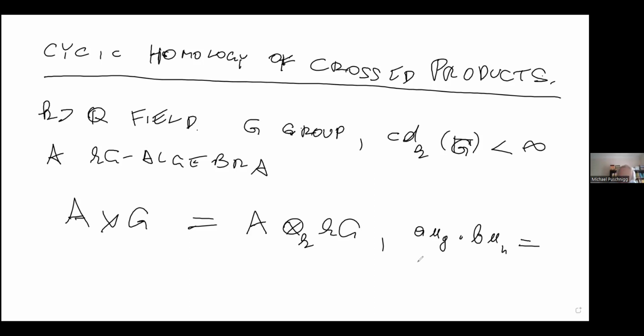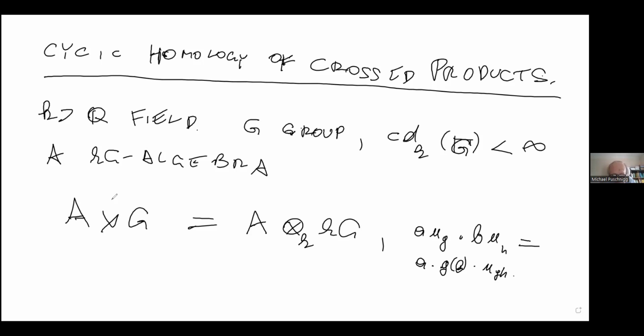So you get a times g of b times u_{gh}. In other words, the G action on A becomes an inner action on the cross product, and the cross product is universal with respect to this property.